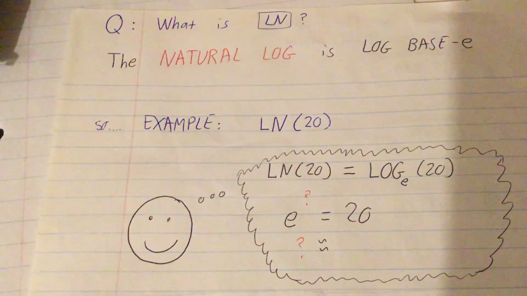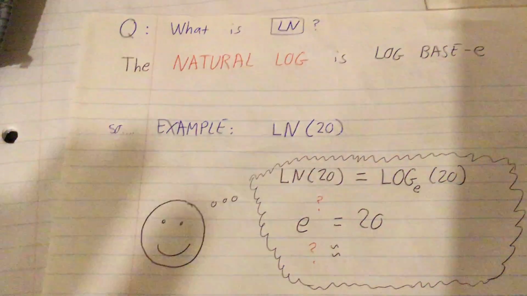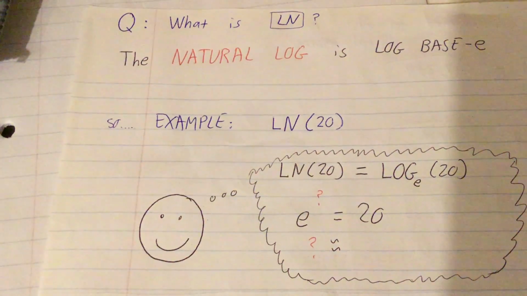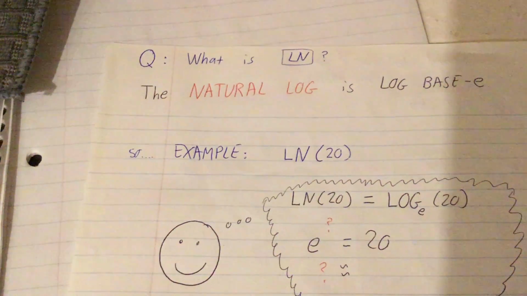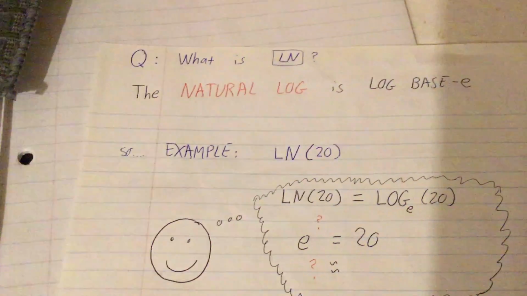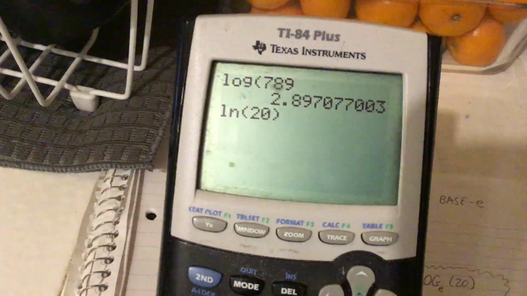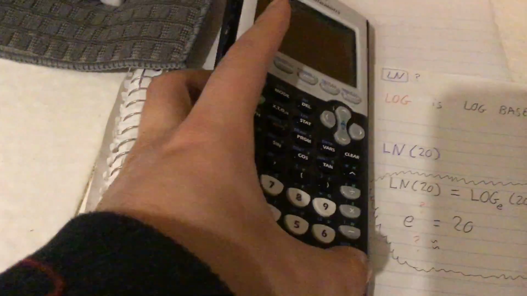Your calculator, as great as it is, understands base 10 and base e. Your calculator understands base 10 and base 2.718. So for example, if I do ln of 20, that is asking me, delete. So enter.